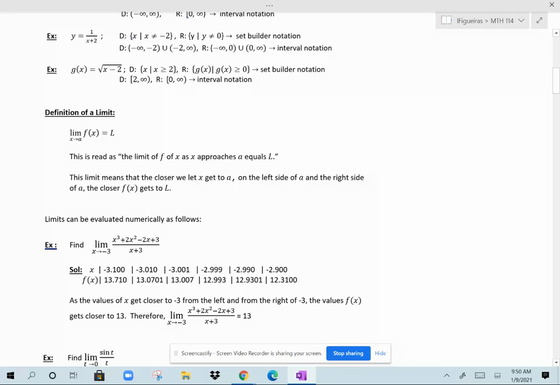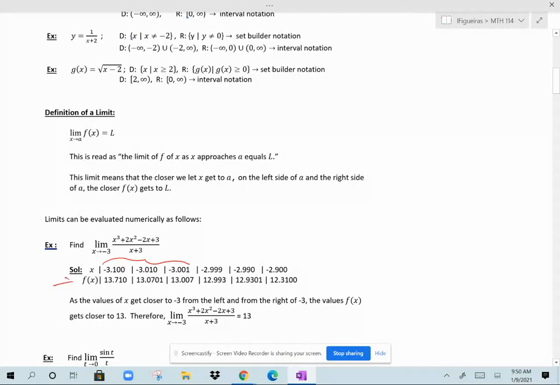So in order to evaluate the limit, we look at values close to -3 to the left of -3, which means less than -3. So these are 3 examples of how we're getting closer and closer to -3 from the left. So I start at -3.1, then I go to -3.01, then I go to -3.001. So they keep getting closer and closer to -3.